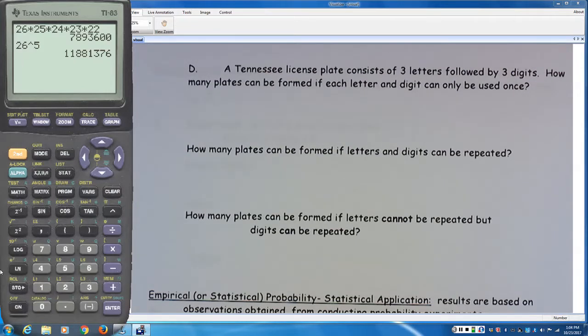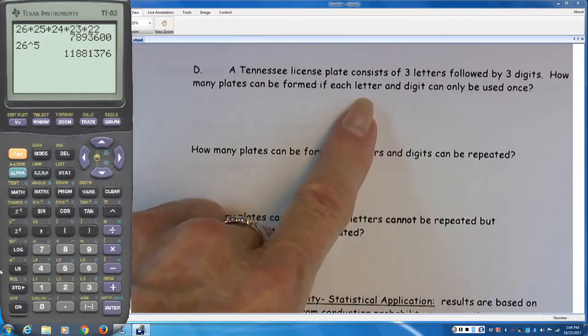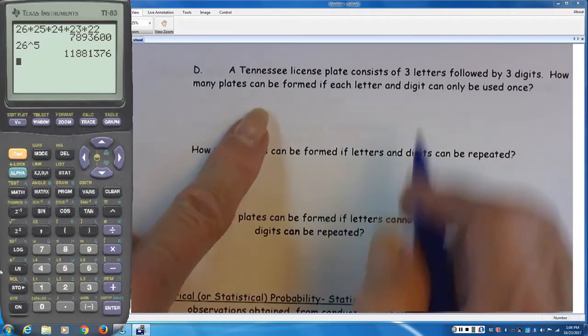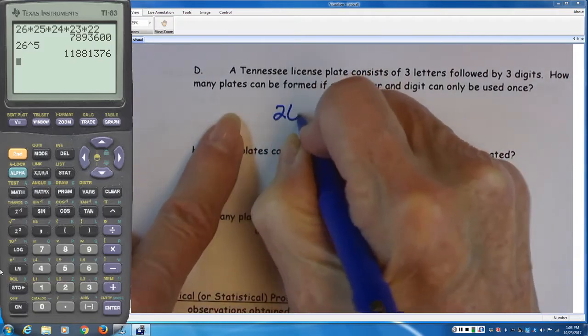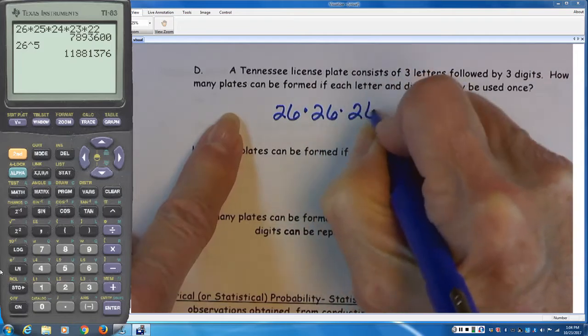So a Tennessee license plate consists of 3 letters followed by 3 digits, 3 numbers. Okay? How many plates can you make if each letter and each digit can only be used once? Well, there's 3 letters, so that will be 26 times 26 times 26.